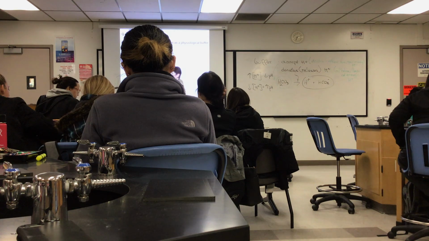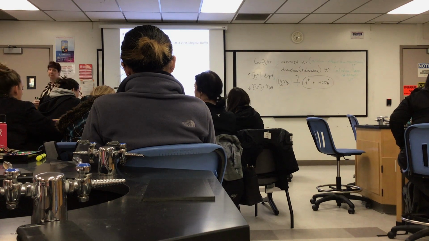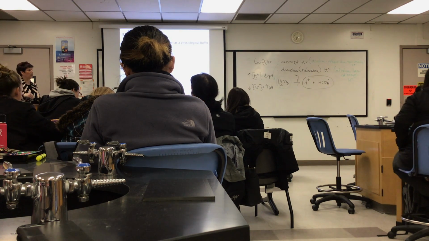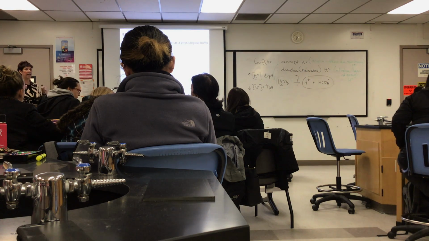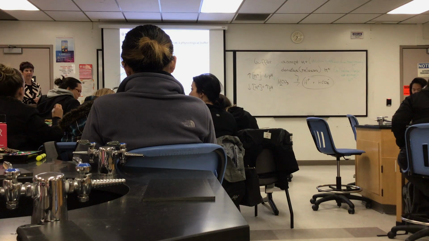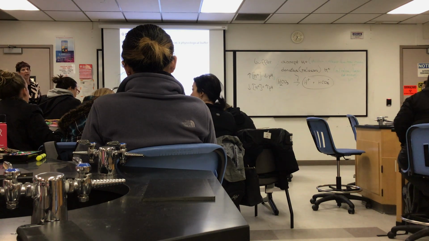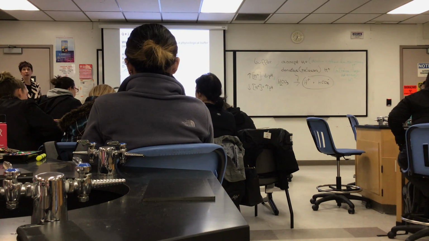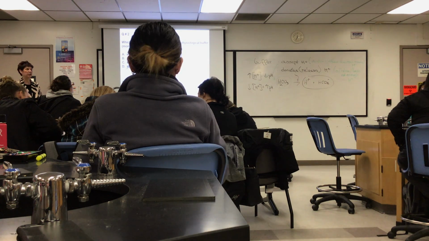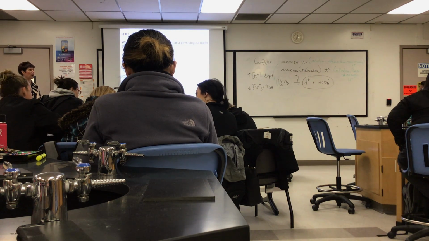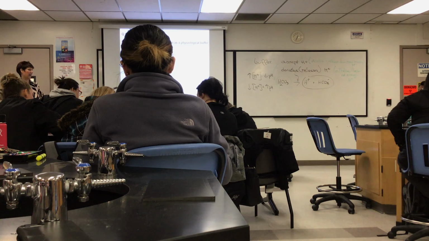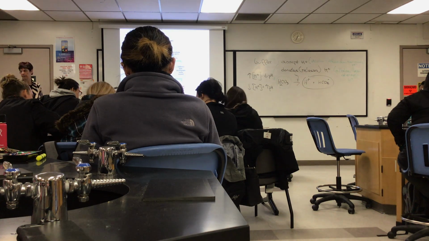So that's what we look for in a buffer. A weak acid or a weak base, either one can release a hydrogen or accept a hydrogen. Strong acids are strong. Sodium hydroxide is a strong base. In solution, it would be sodium and a hydroxyl group, OH. So that doesn't work as a buffer.